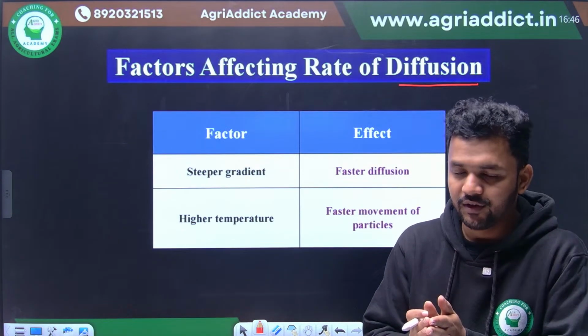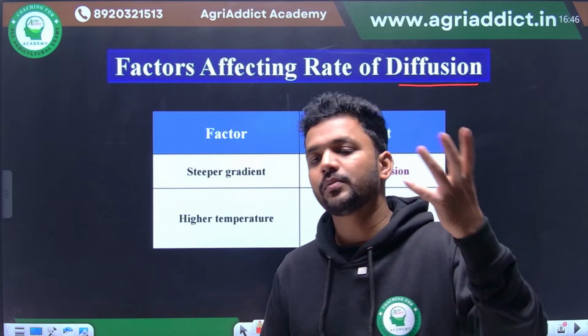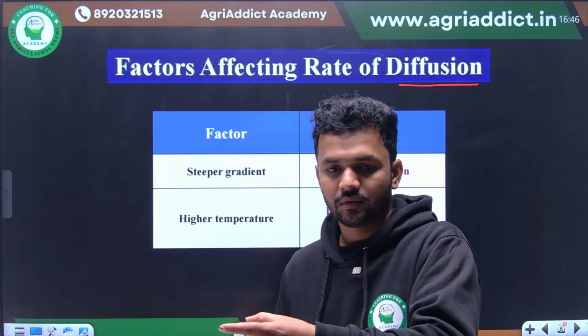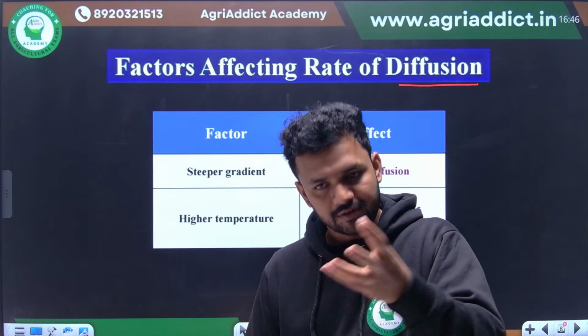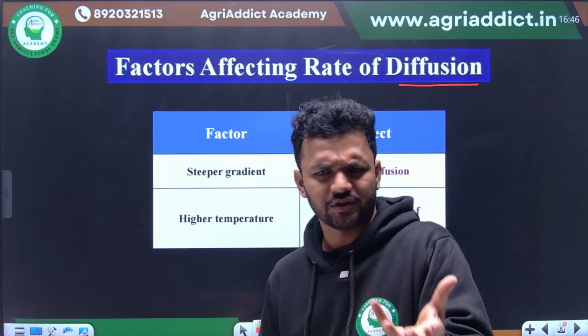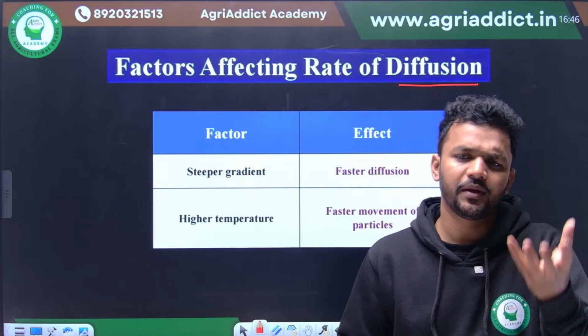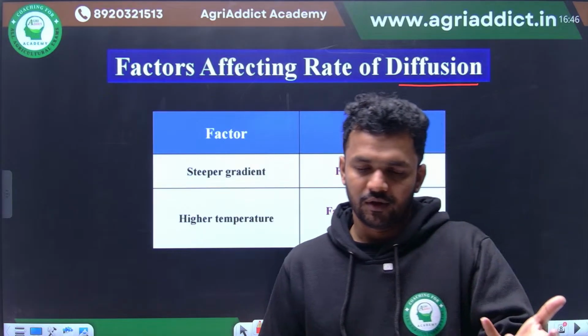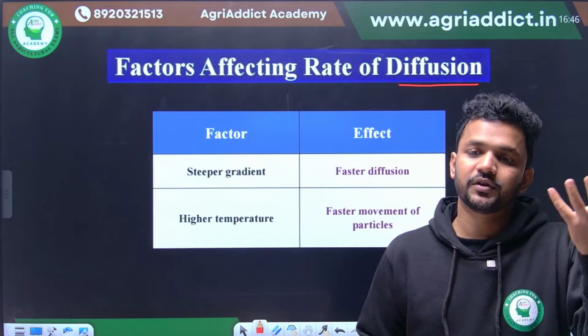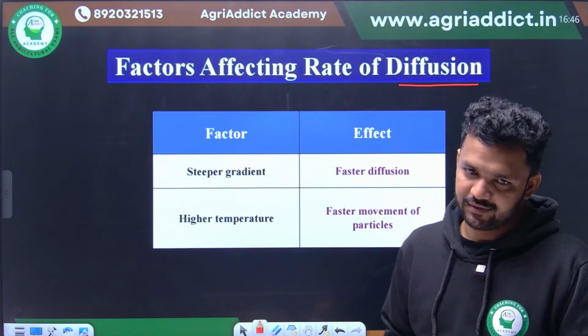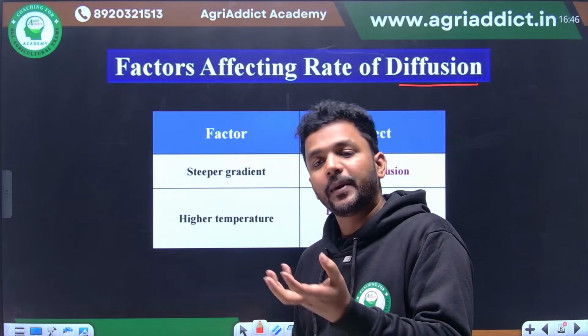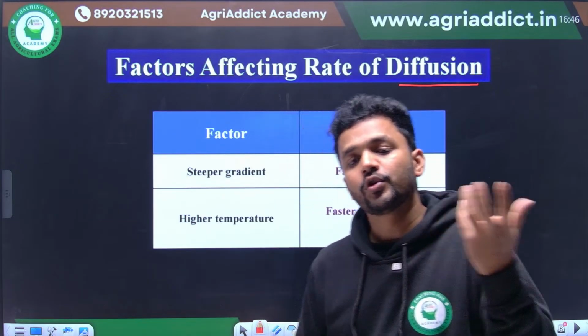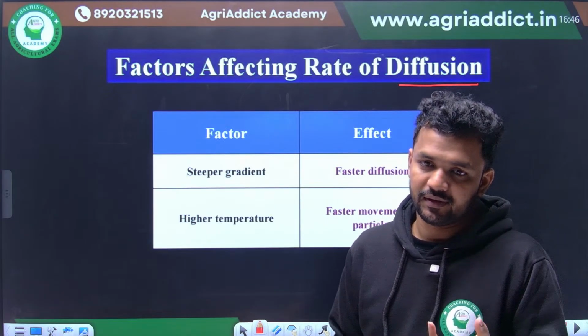That is the rate. So the rate can be more, like more molecules can be diffused. Yes, concentration per time, that is amount or concentration per time. If the amount of solute is more, the concentration is more. So the amount of molecules or the concentration of molecules per time is the rate. The rate can depend on various factors. It may be more or it can be less, right?